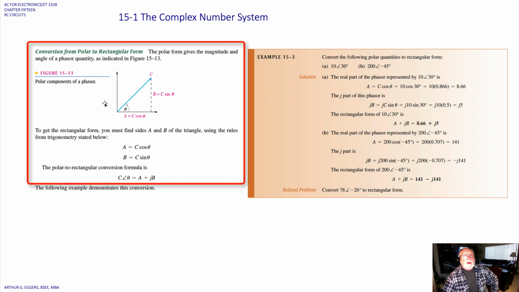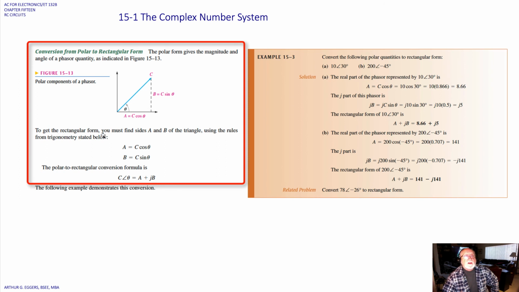To go the other way, conversion from polar to rectangular, we start with that right triangle relationship. C is the hypotenuse. The imaginary side, B, is C times the sine of theta. The real part is A, C times the cosine of theta.